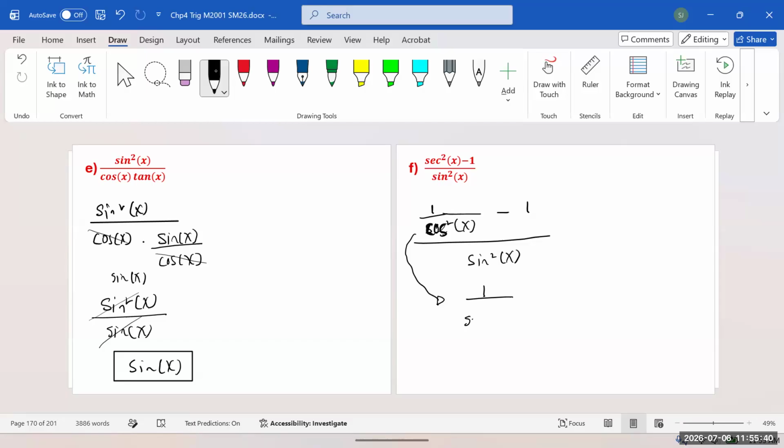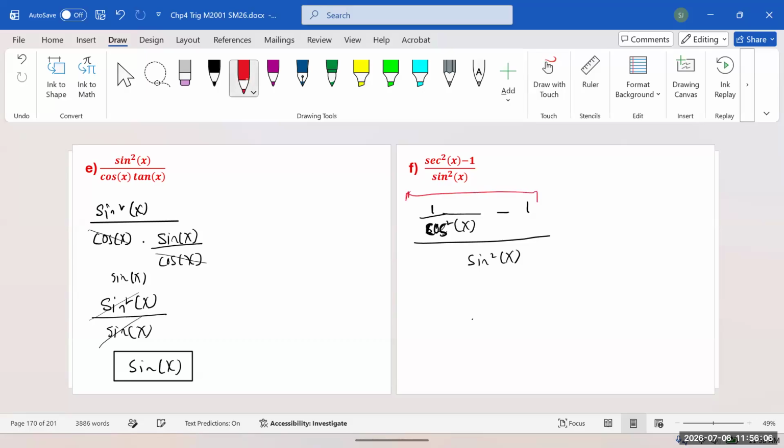Which identity are you using? Yes. If you write cosine squared in terms of sine squared, we know sine squared plus cosine squared is 1. So cosine squared is 1 minus sine squared. But does it help us? Not really. So what you can do, you can combine them.